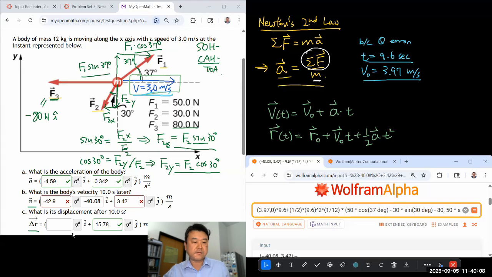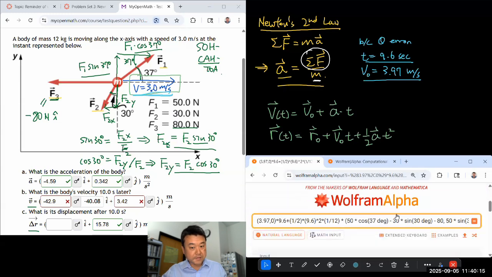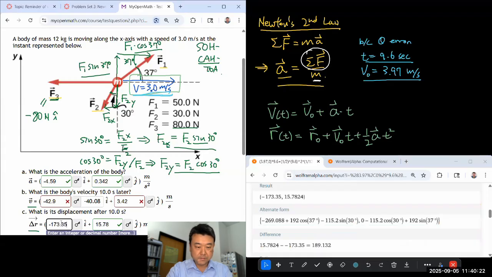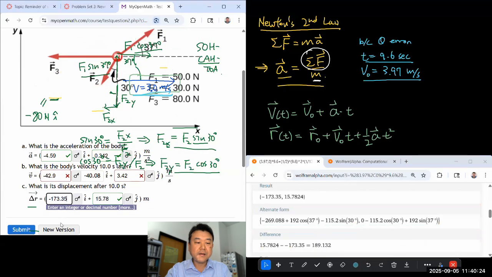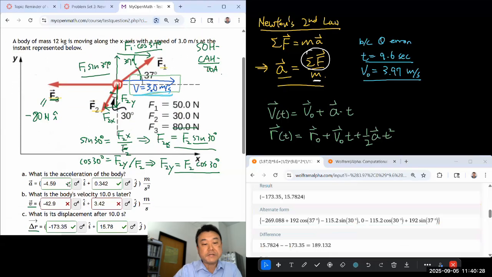Plus, I don't need that because it's a displacement. I can set the initial position as 0. So with that, we should get an answer that the system will grade as correct. It's not actually correct. Minus 7.5. It really should be fixed so that it displays the correct information.